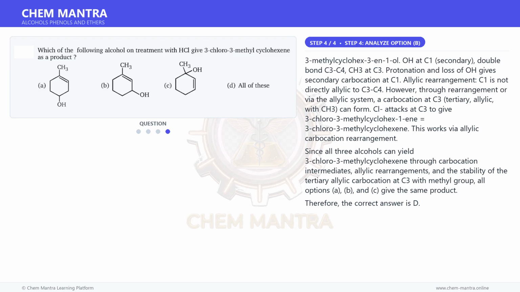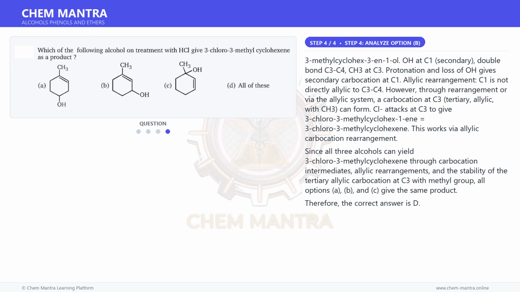However, through rearrangement or via the allylic system, a carbocation at C3, tertiary, allylic, with CH3, can form. Cl attacks at C3 to give 3-chloro-3-methylcyclohex-1-ene, which is equal to 3-chloro-3-methylcyclohexene. This works via allylic carbocation rearrangement.